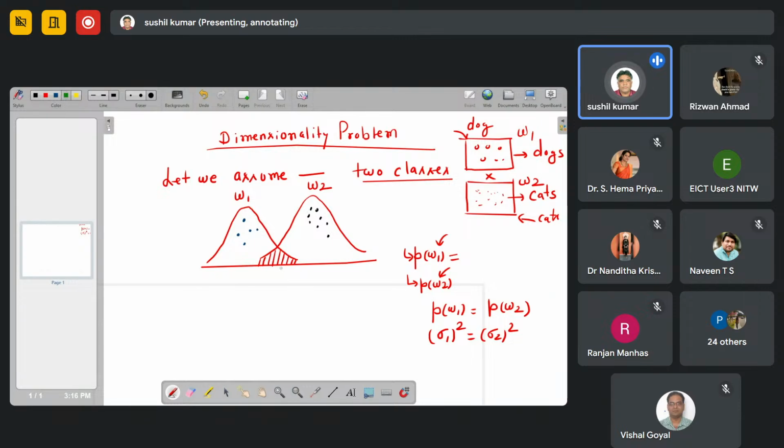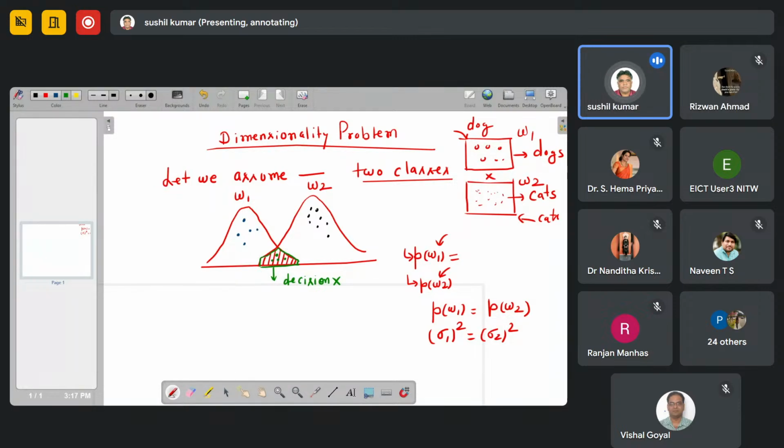But suppose you have a point here, in this entire region that belongs to both omega 1 and omega 2, where both classes are available. Here it is very difficult to decide, because it may belong to omega 1 or omega 2.